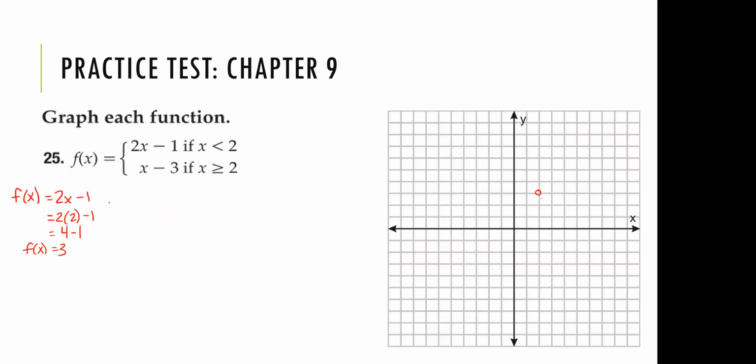So I know that my y-intercept, since this is in slope-intercept form, is at negative 1. So here's negative 1 right here. So that's going to be a point. And then my slope is 2. So it's going up 2 over 1, up 2 over 1 like that.